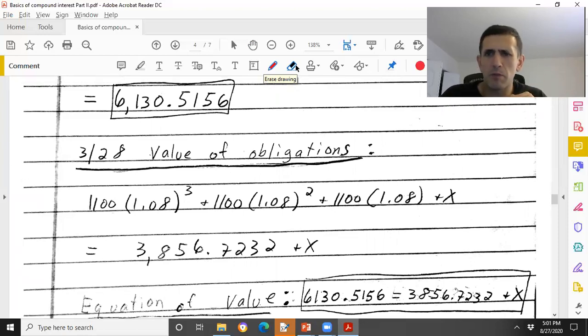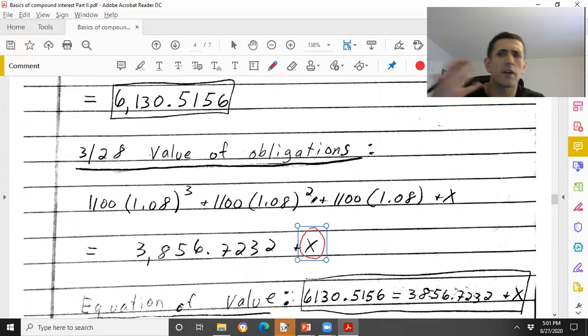For example, it was convenient to pick the end of March for our reference time because now this payment of X, this last payment, doesn't accrue any interest, so there's nothing in front of it. Though it doesn't make life that much easier. It was just slightly easier to pick the end of the loan as our reference date.